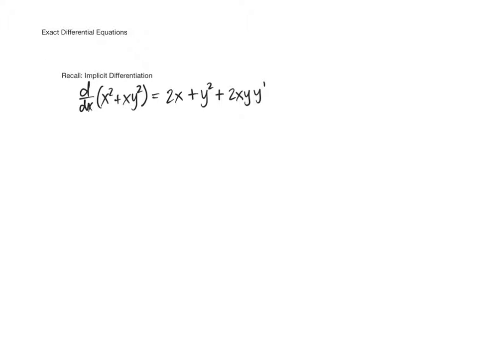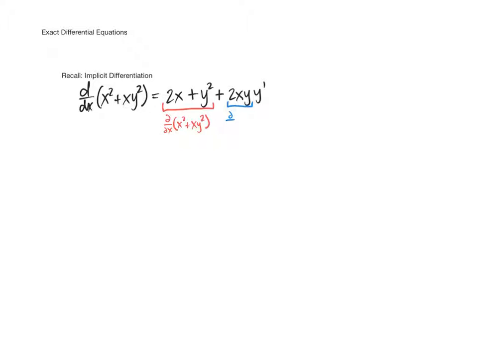Okay, so one thing I want you to notice about this is that this part here, 2x plus y squared, is the partial derivative with respect to x of x squared plus xy squared. And the other thing I want you to notice is that this 2xy, what's that?